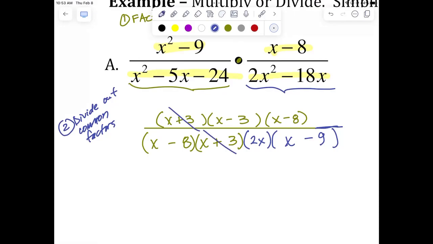I usually make the sound when they divide out, but you can cough if you want. Oh, the x minus 8s? They divide out. Anything else? No. So what are we left with? We're left with x minus 3. And since it's the only thing left in the top, do we really need parentheses around it? No, we don't. It's by itself. And in the bottom, I can get rid of the parentheses. I don't have to put the 2x in parentheses, and I have x minus 9.